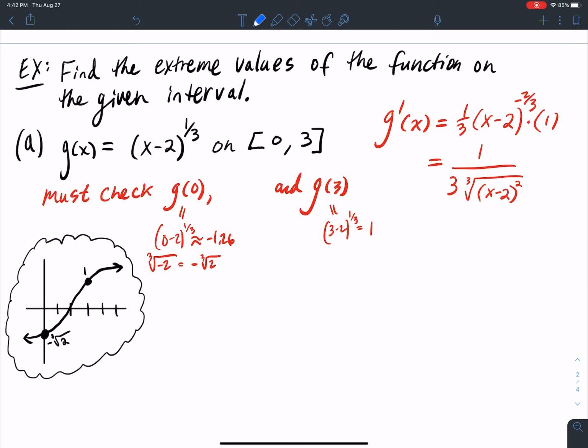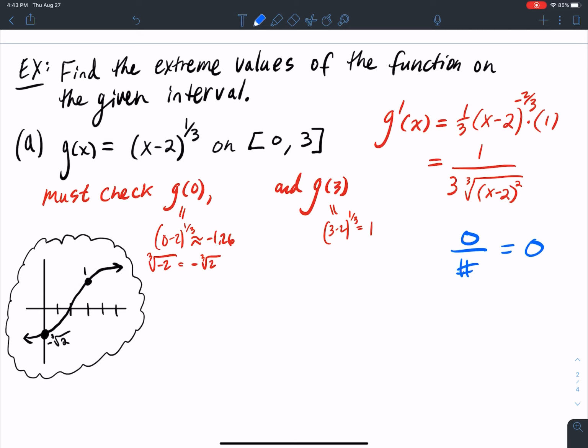And so where does this thing equal 0 or not exist? The only way that a fraction is equal to 0 is if the numerator is equal to 0. So I have to have 0 over some number for it to equal 0.